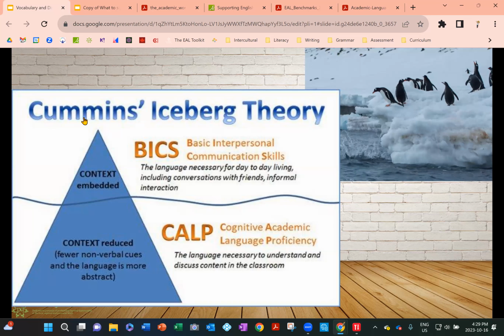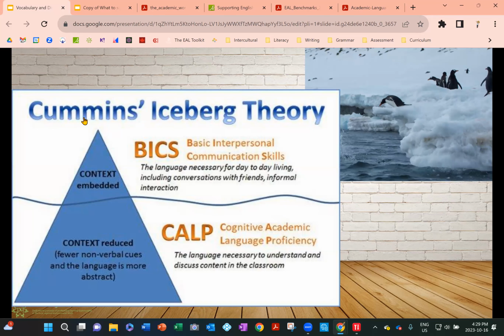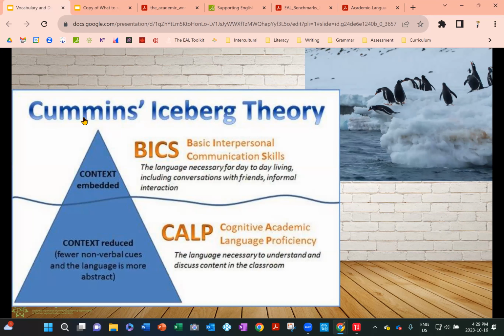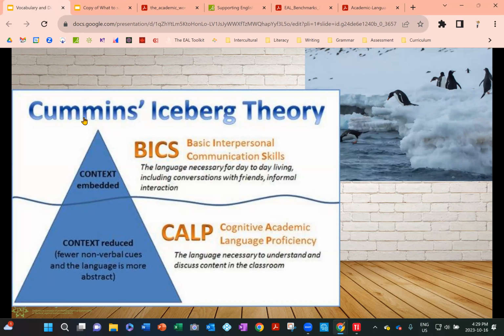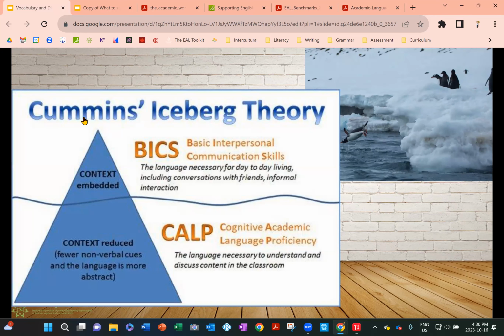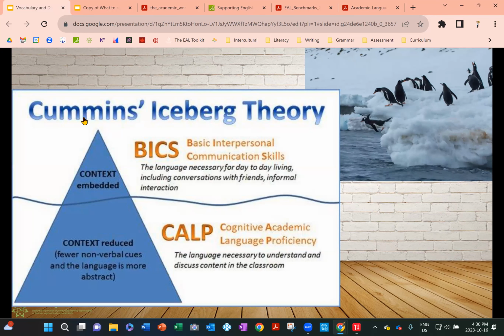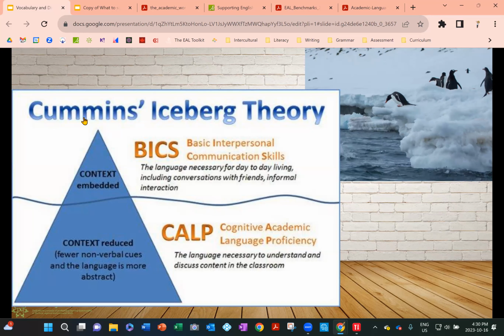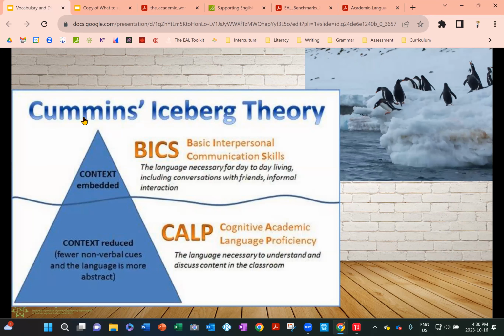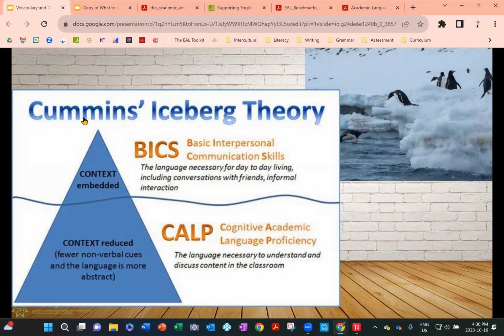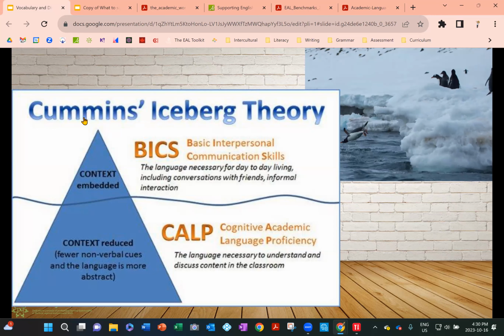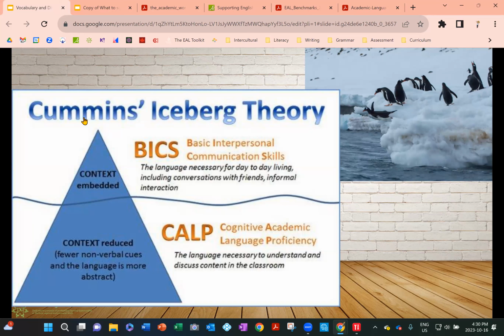Maybe you're familiar with it already, but when you're thinking about basic interpersonal communication skills, it's our functional language. It's the language that we need for day-to-day living, right? So conversations with friends or any informal interactions. And it's very context embedded. We have nonverbal cues that you can feed off of and come to understand what's going on. You have visuals, lots of those pieces.